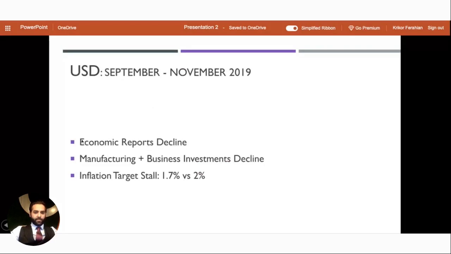Economic reports could just measure different things in the economy, like employment, outputs, inflation, and these are very important in understanding where an economy is right now, if it is growing, if it is contracting, just understanding the health, all right? Now, manufacturing has also taken a hit, and the business investments seem to be declining, right?